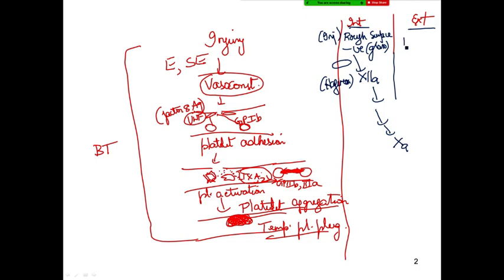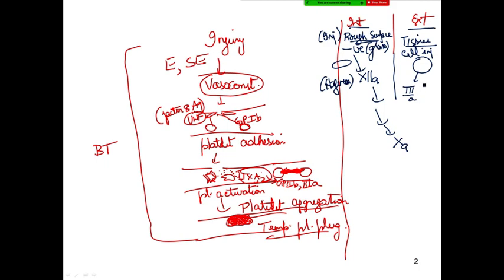Meanwhile, what initiates extrinsic? What type of injury? Tissue injury, or endothelial cell damage, cell membrane damage. Why? Because which factor is released first when there's tissue or cell injury? Factor 3.